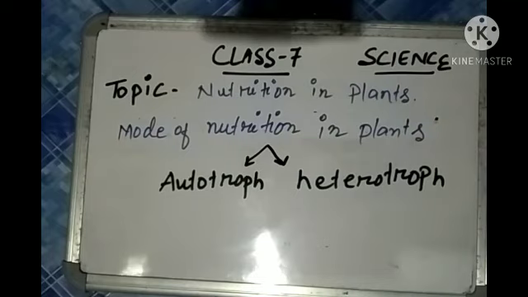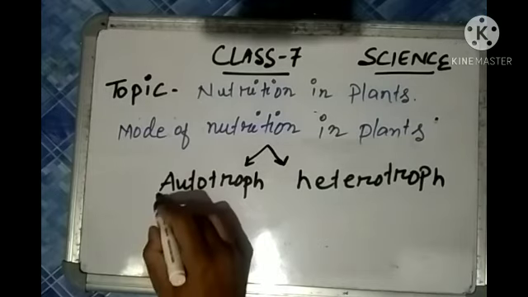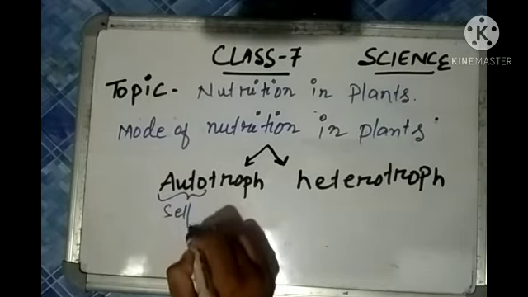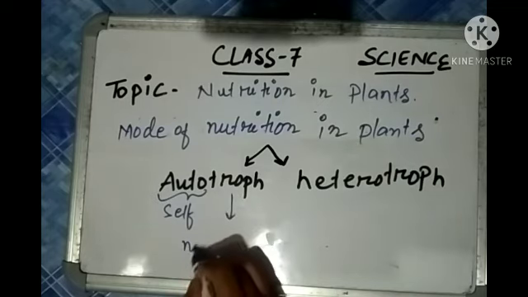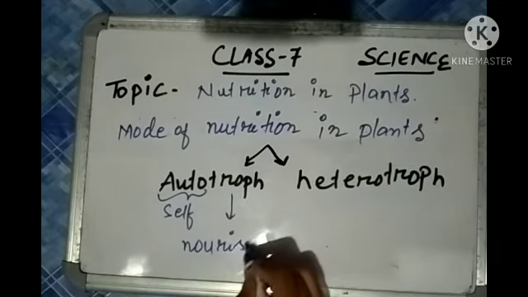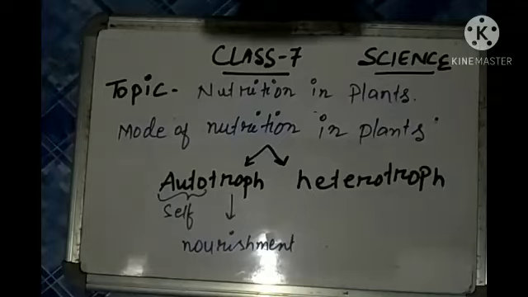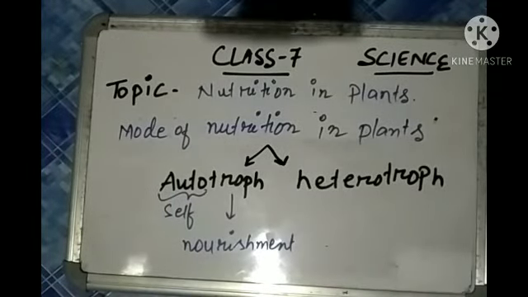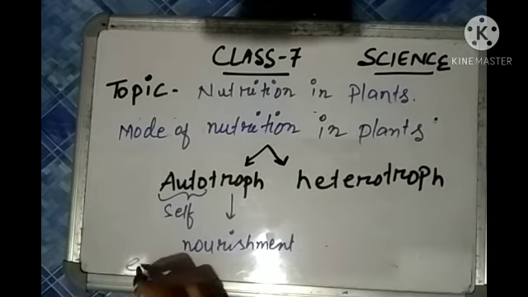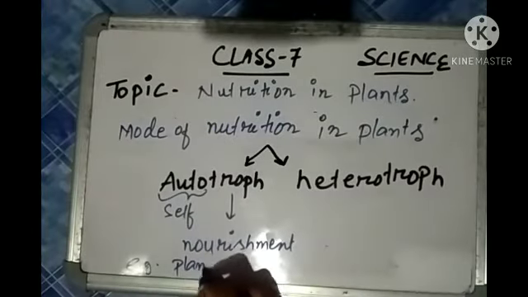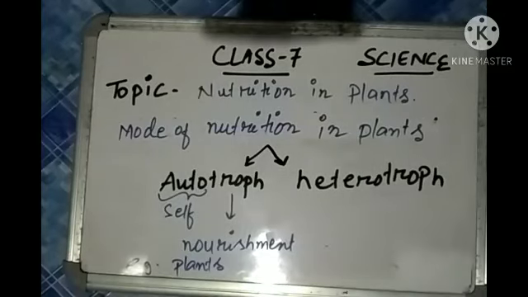Autotrophs: auto means self and troph means nourishment. So autotrophs can produce their own food, preparing it by themselves from simple substances. Example, plants. Plants can make their own food, so plants are an example of autotrophs.